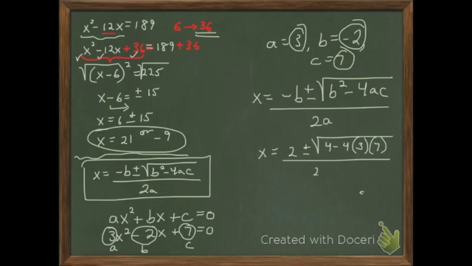What's a? 2 times a. Just like that. Do a little arithmetic. 12 times 7 is 84. Whoops, I'm sorry. All over 6. Do a little cleaning up.